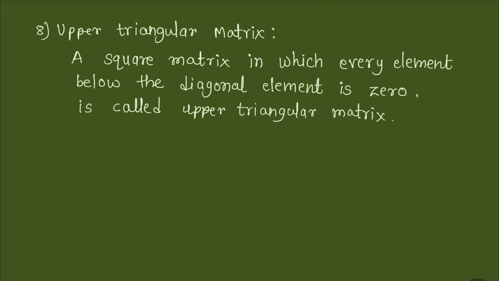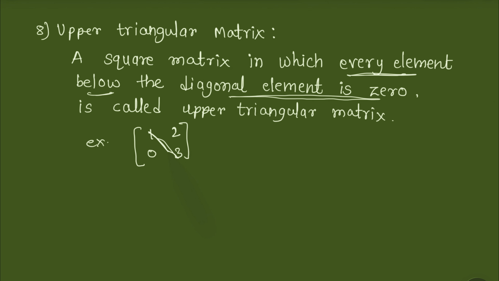Now, upper triangular matrix. A square matrix in which every element below the diagonal is 0 is called an upper triangular matrix. Every element below the diagonal is 0. Take an example: 1, 2, 0, 3, where the element below the diagonal is 0.